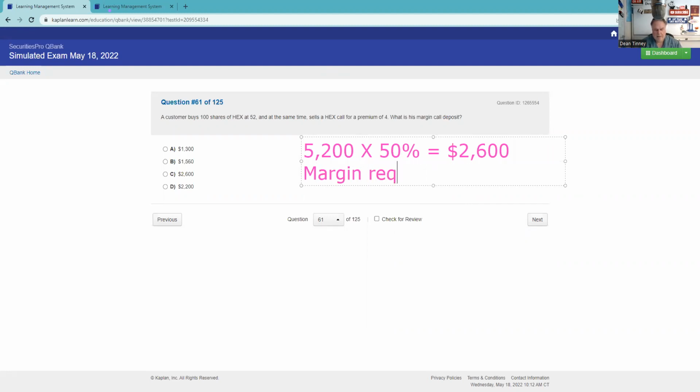And then it says we sell a hex call for 4. And so that's already in your account, so we're going to be able to deduct that.